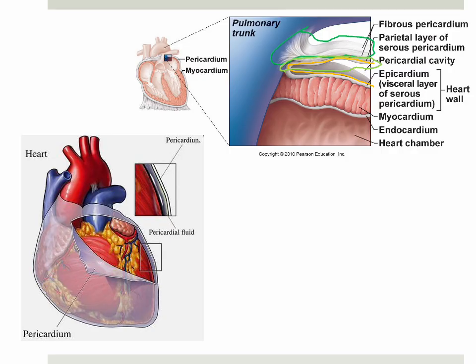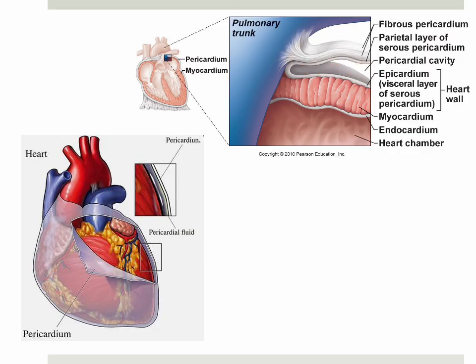This area down here is the visceral layer of the pericardium, okay? I'm going to erase some of this. Between these two layers, we have the pericardial space or cavity, and this is where the fluid is going to be present, so the friction is lessened.